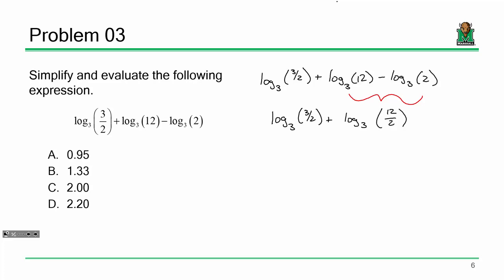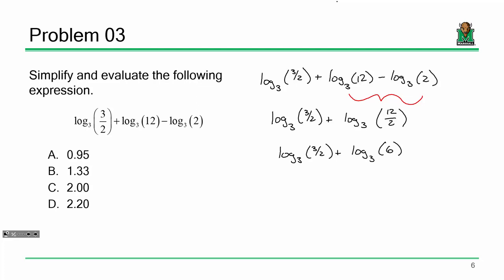Remember that? Remember for your properties of logarithms that if you have a difference, you can turn that into a quotient of the terms collected inside your logarithm. So that is plus a base 3 log of 6.